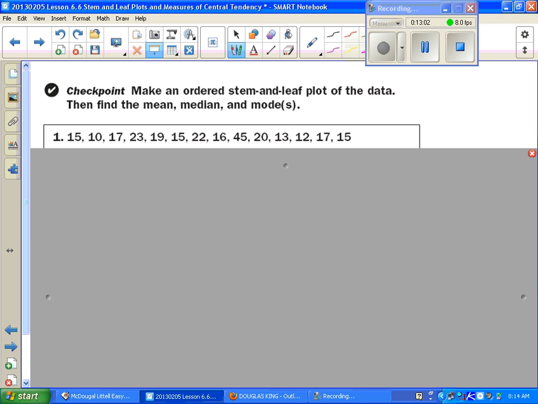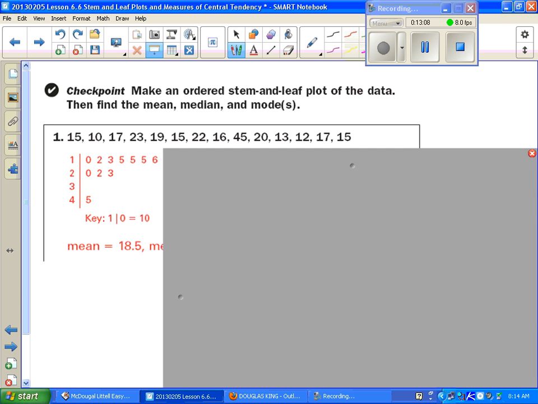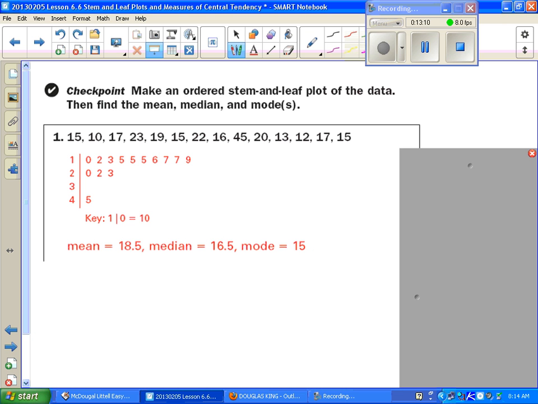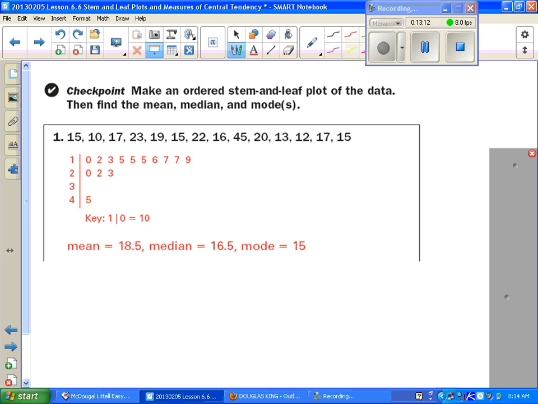Here's your first checkpoint. Make a stem and leaf plot of the data, then find the mean, median, and mode. Making your stem and leaf plot will look like this. You need to go from 1 through 4 because 4 is your highest tens value. Notice your key says 1 slash 0 means 10.